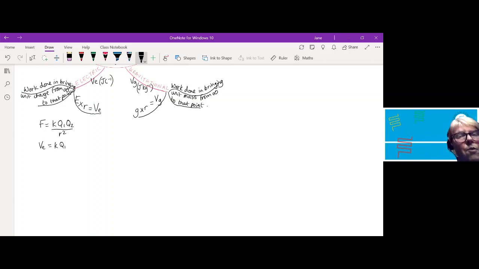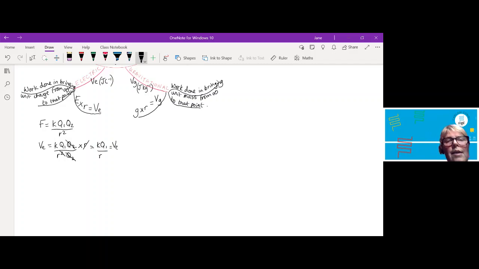So that's k Q1 Q2 over R squared divided by Q2, times R, the distance from that source. So charges cancel, R's cancel, and you have k Q1 over R. That is the electric potential, and the units are joules per coulomb.